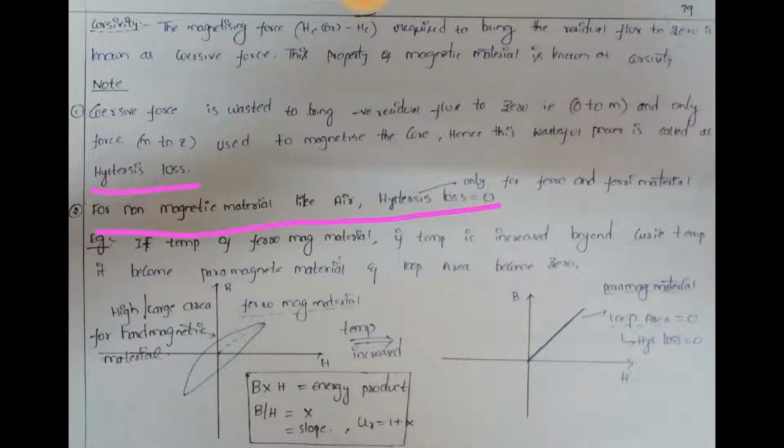I discussed this clearly when I spoke about magnetic materials: only in ferro and ferrimagnetic material, not in dia, para and anti-ferromagnetic material. In case of air, the hysteresis loss is 0. This is the reason why in the dynamometer type wattmeter an air core coil is used, to reduce the losses.